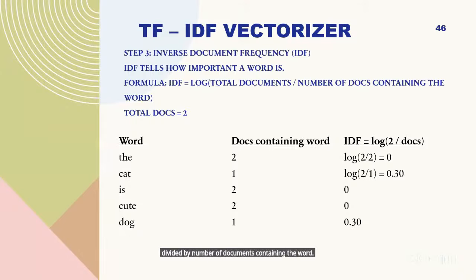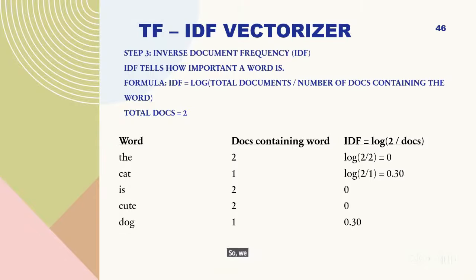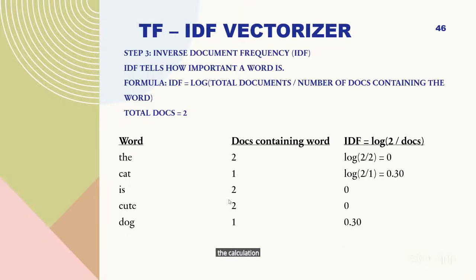Both documents have this word, so we are giving 2 by 2. So log 1 is equal to 0. I believe everybody got the calculation clear? Shall I repeat it?